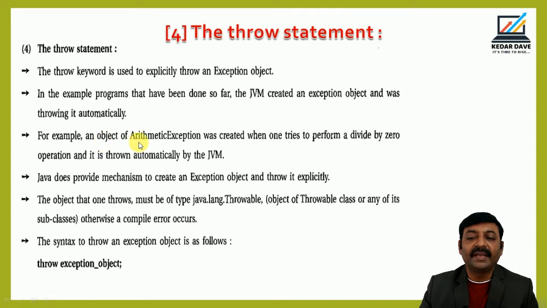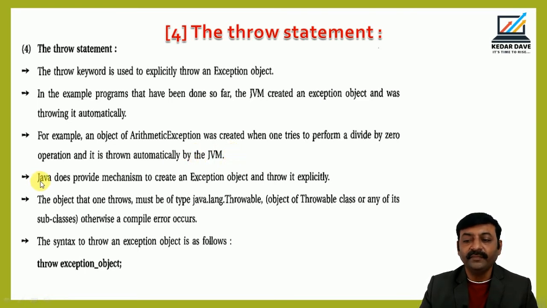For example, an object of ArithmeticException was created when a try block tried to perform a divide by 0 operation, and it was thrown automatically by the Java virtual machine. So this is the full form of JVM.